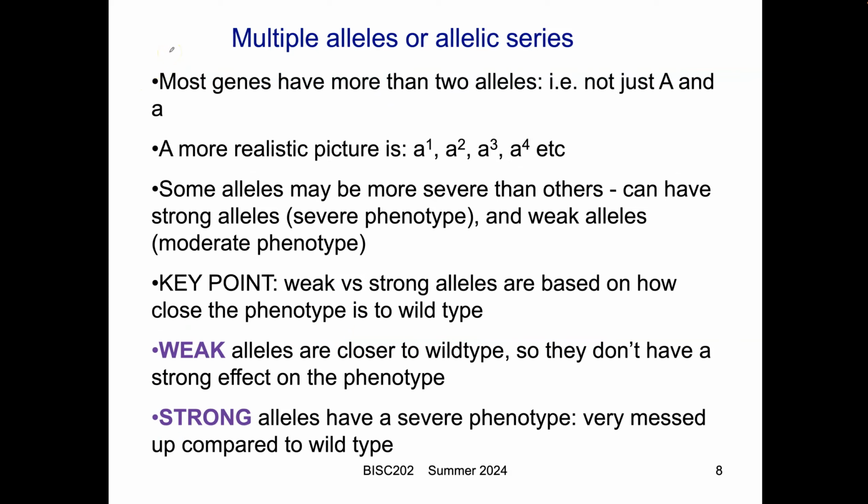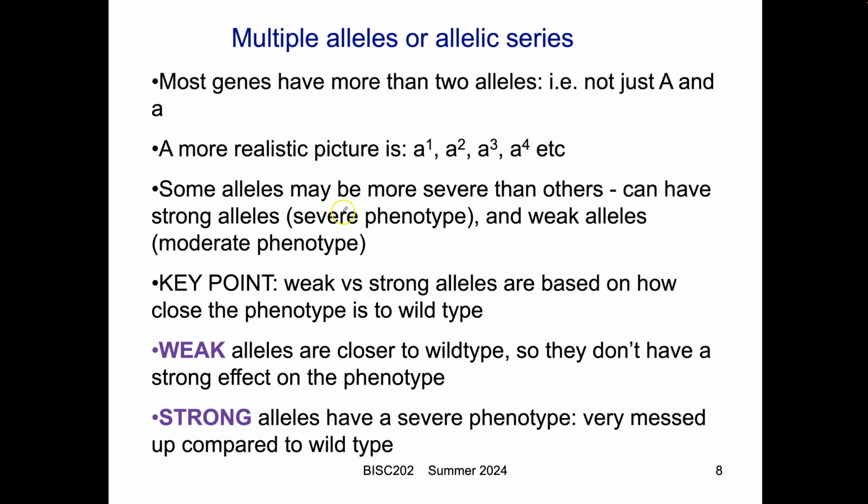Now I want to talk about a more common situation, which is that most genes have more than just two alleles. So we don't just have big A and small a, although that's a really good construct for us to begin to learn, first of all, just how the genes segregate and how dominance actually works.